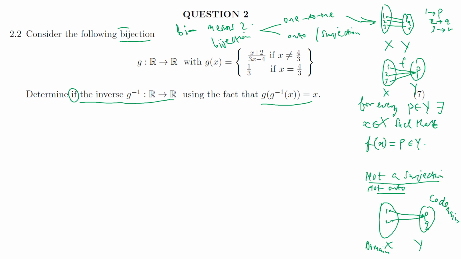But you realize that when you perform this map, Q is not catered for. Nothing goes to Q. So that does not exist.